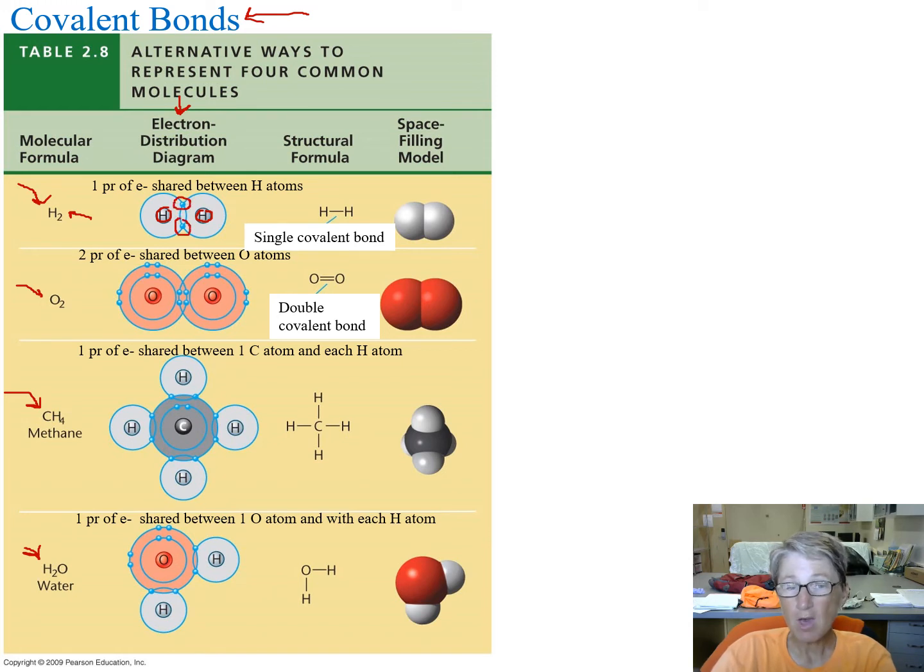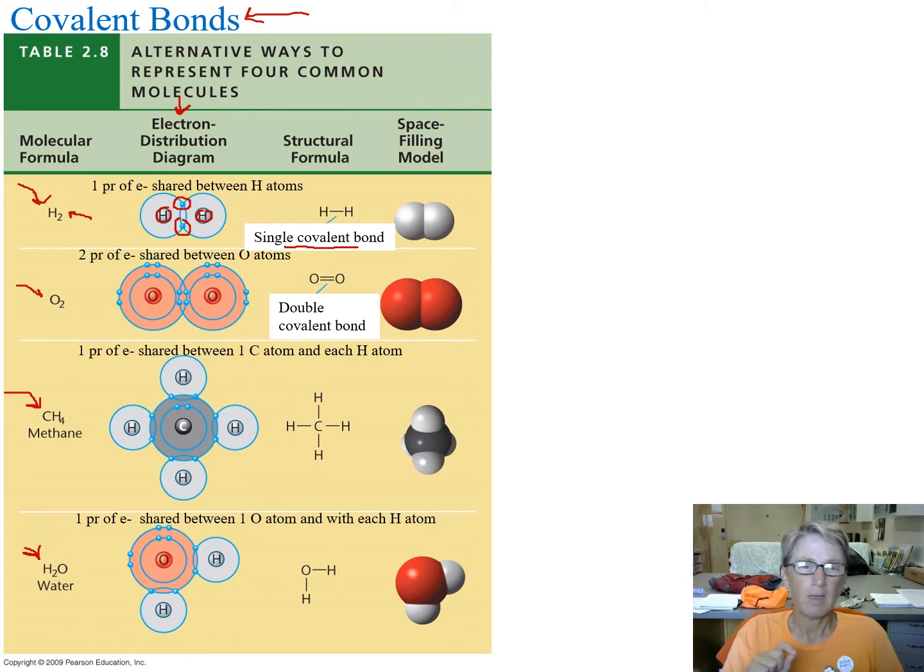So they each have one, each hydrogen atom has one outer shell electron. When two hydrogen atoms come together, they share their valence electrons, and that's called a single covalent bond. So they're sharing electrons. Covalent means to share electrons.